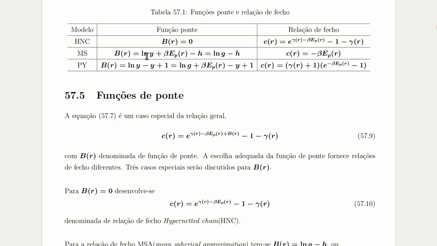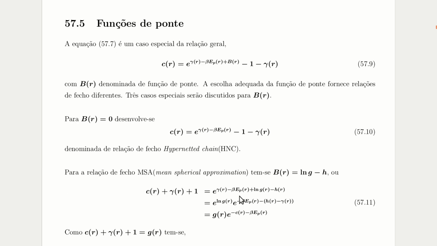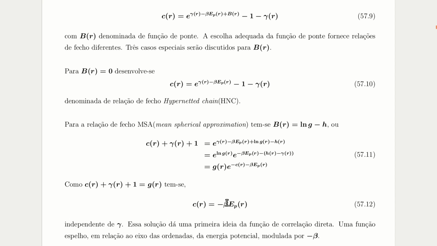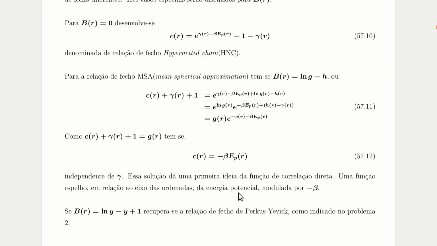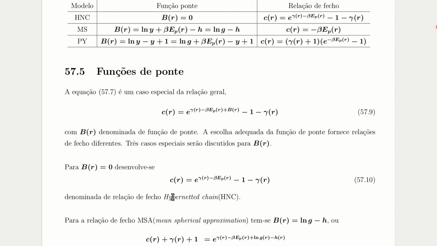If you put that, it is the mean spherical approximation, and you get this relation. So you have another kind of relation between C and gamma, or C and the potential energy. And if you put B of r equals that, which I leave for problem 2 in this chapter, you obtain again the Percus-Yevick closure relation.